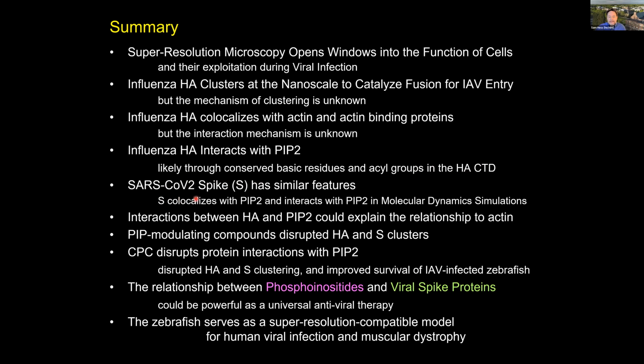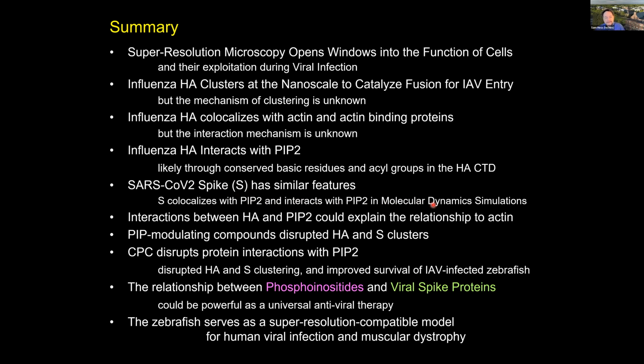When the pandemic hit, we rushed to try to help, and a collaborator at NIH was able to make a FPALM compatible spike, which we could then image, and we saw also interacted with PIP2. We also have supporting information from molecular dynamics simulations that verify and actually give much better detail than you could ever achieve in a microscope, right?